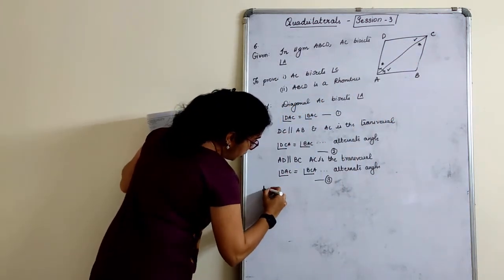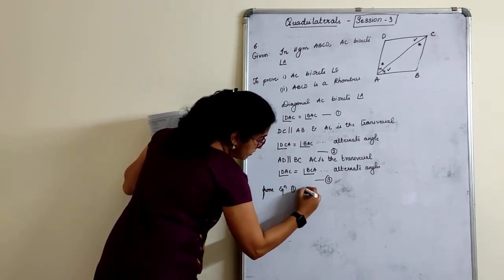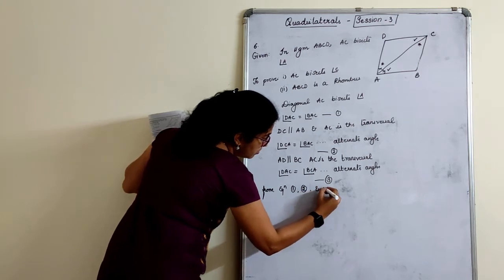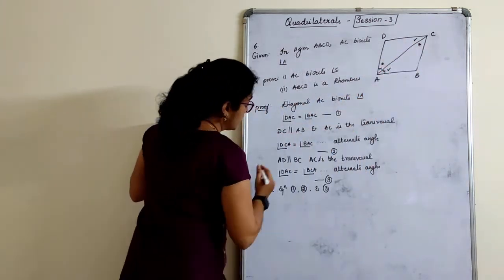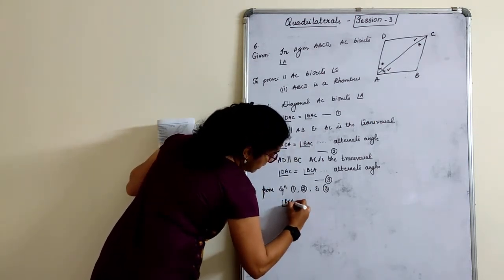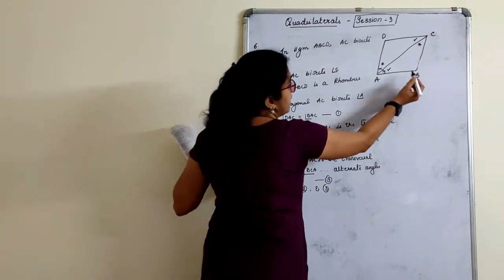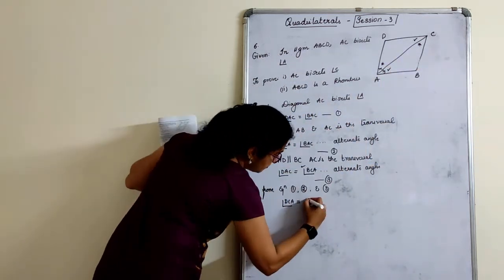So, from equations 1, 2 and 3, angle DCA is equal to angle BCA.